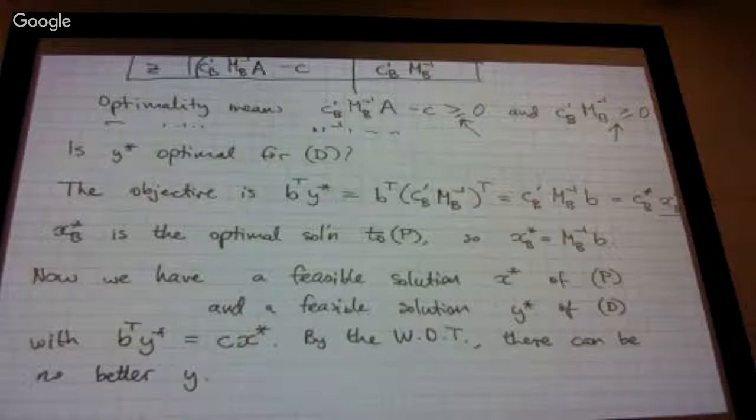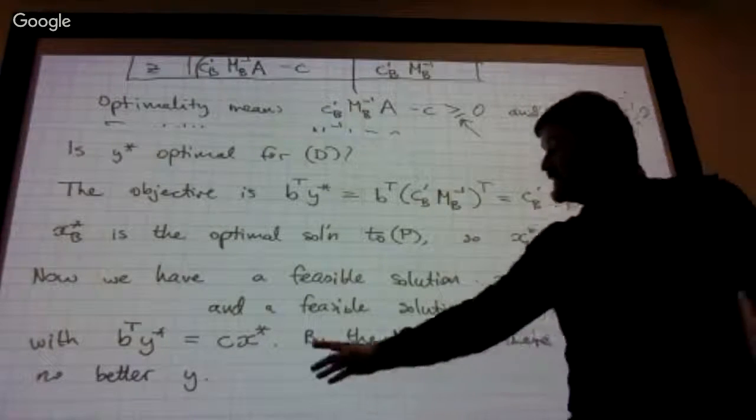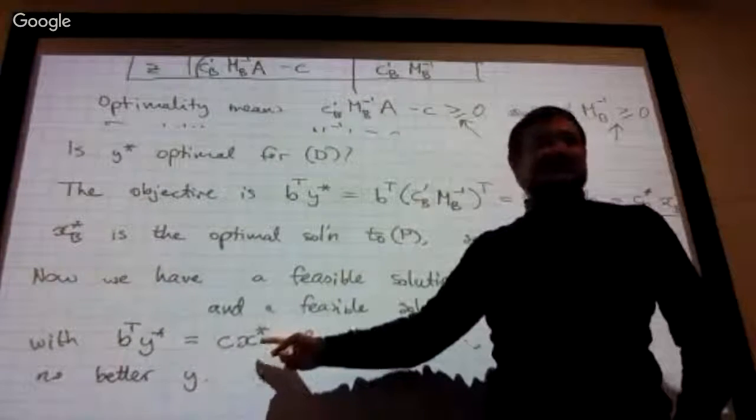And the weak duality theorem tells us that when we're trying to minimize the dual, the least we can ever get is that value.